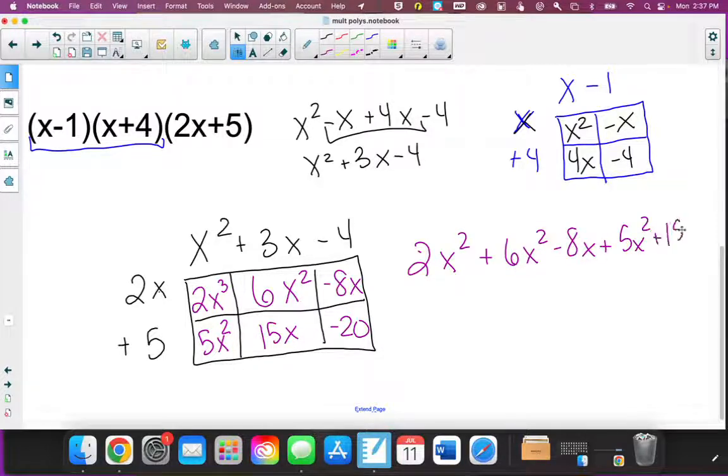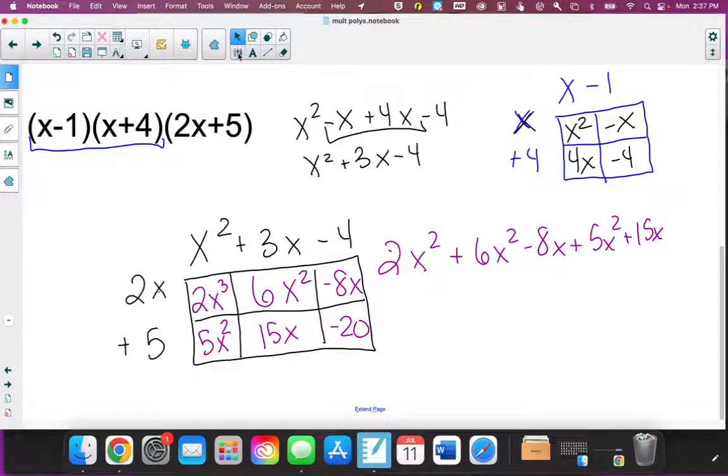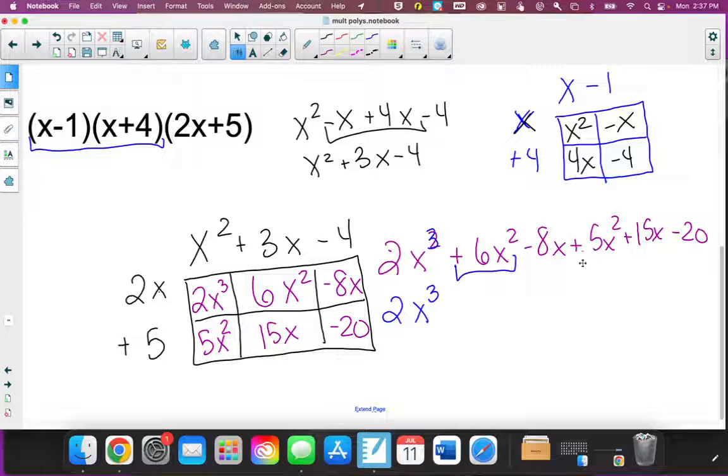Ooh, I'm going to run out of room just a little bit. Slide that over. All right, and then minus 20, and then go through and combine all your like terms. So, that's supposed to be a cubed. So, I've got 2x cubed to the third power, right? That's our first piece. And then I have a 6x squared and a 5x squared. Remember, like terms have to match as far as variables and exponents. So that's 11x squared, because I'm just adding them now.